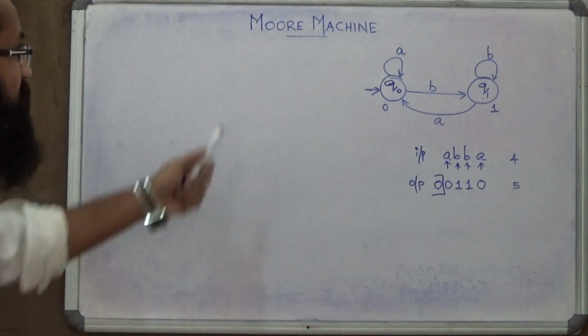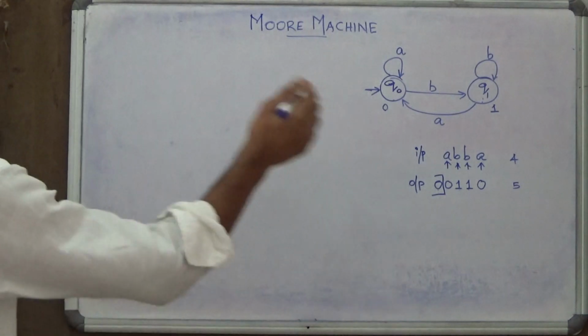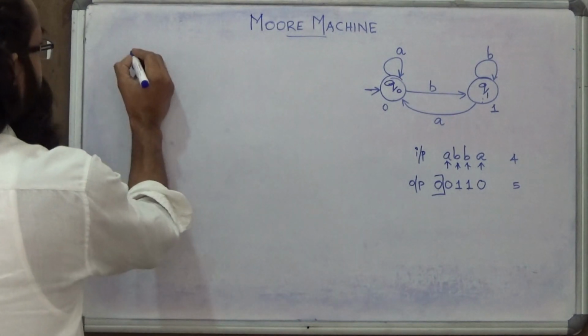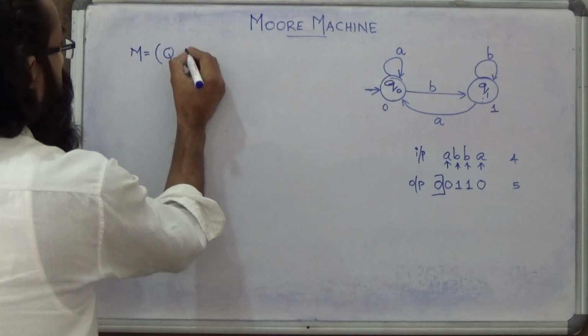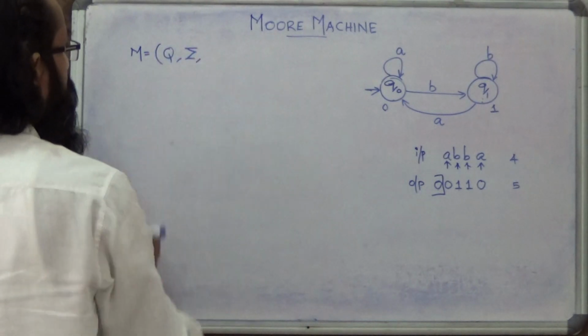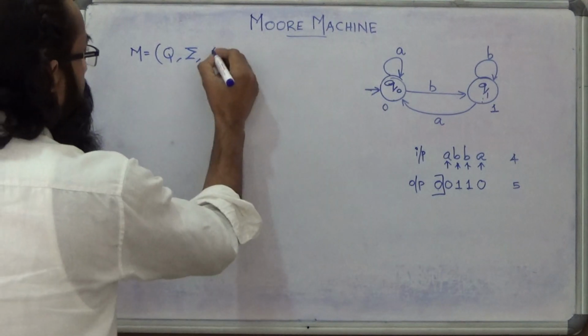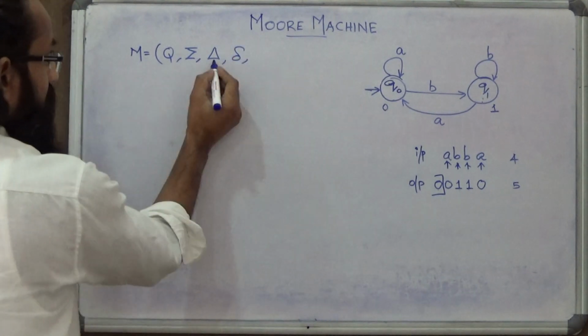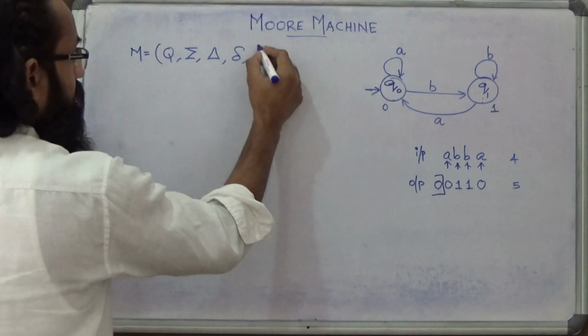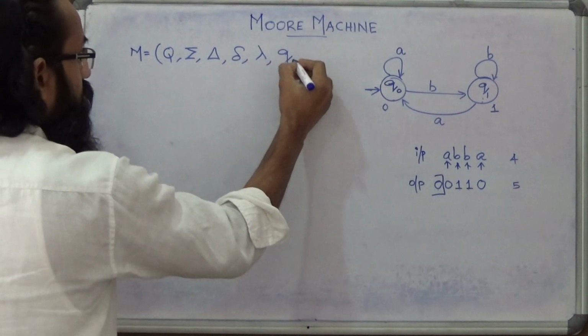Now let us formally define this Moore machine. So this Moore machine is formally defined as M equal to (Q, Sigma, Delta, delta, lambda, Q0), where this is capital Delta.